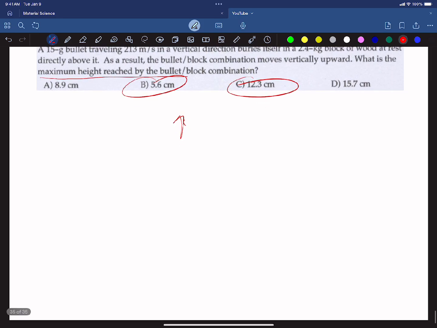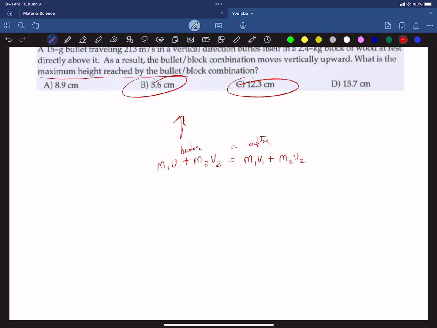So we can say that our momentum is conserved. So m1 v1 plus m2 v2 before the collision is equal to m1 times v1 plus m2 times v2 after the collision. Before is equal to after.